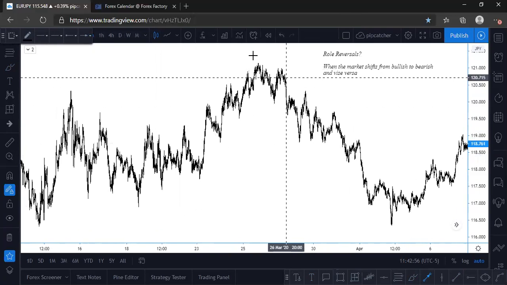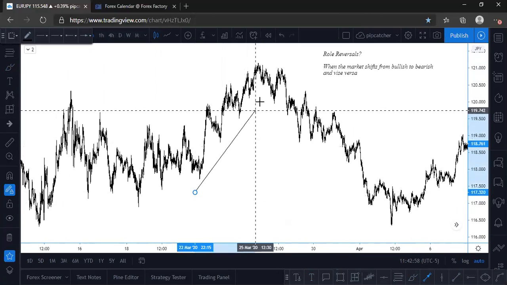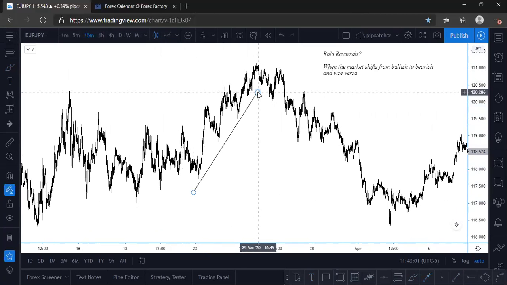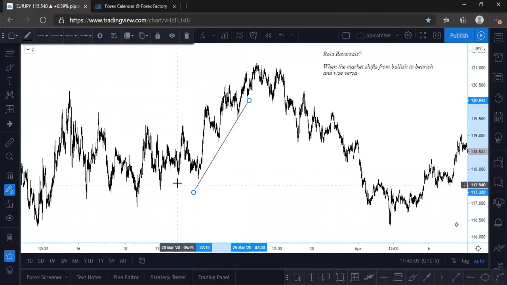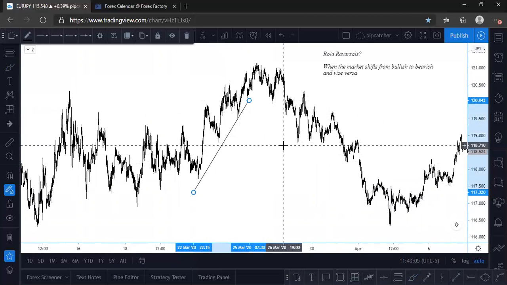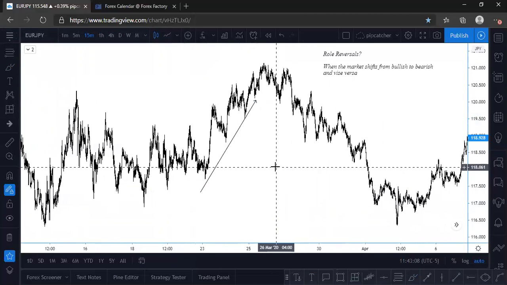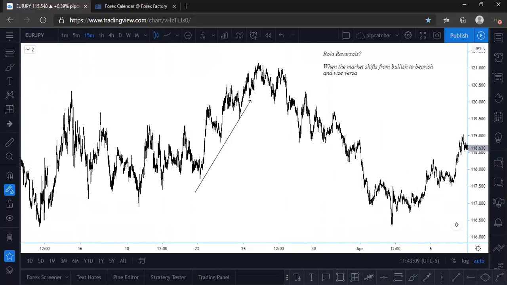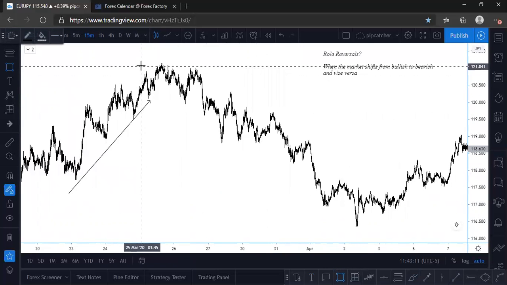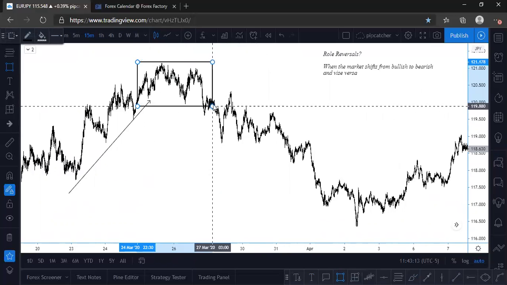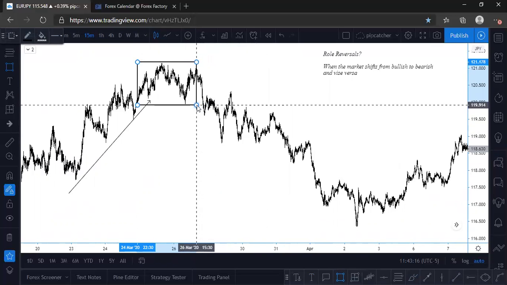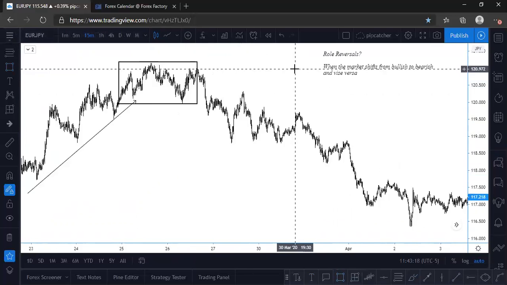We're not going to go deep into the market structure, but we can see we have this upwards movement in the market, right? Just looking at this, you guys can see that this is consolidation right here.